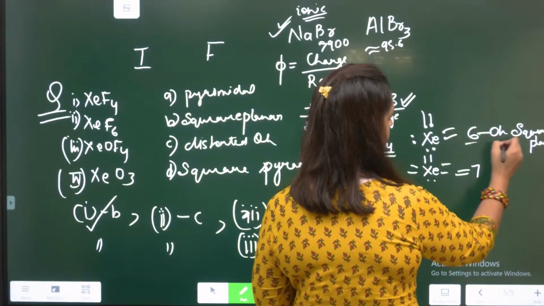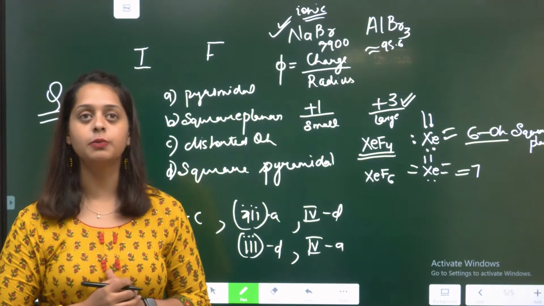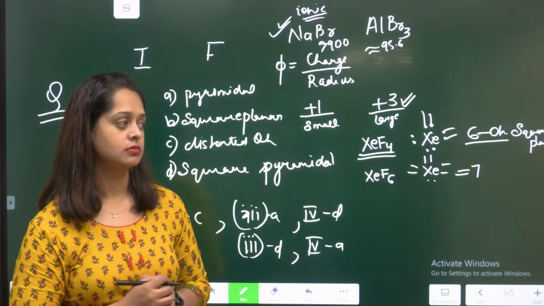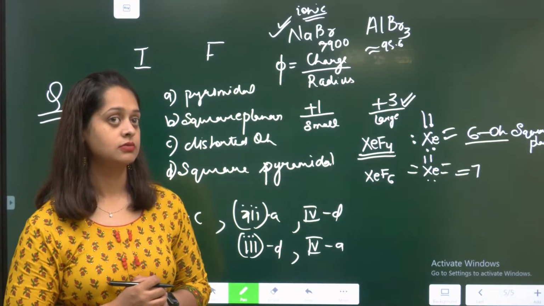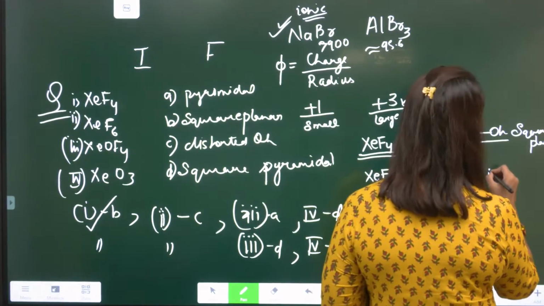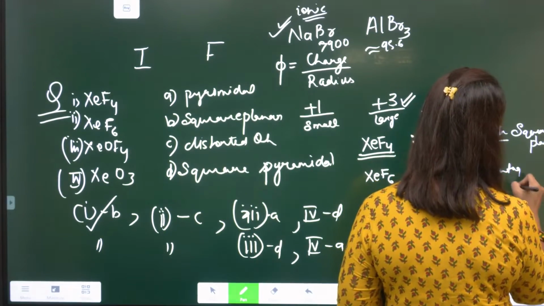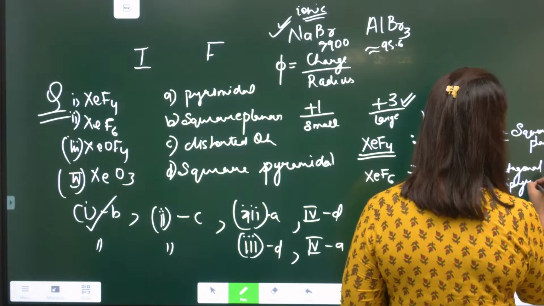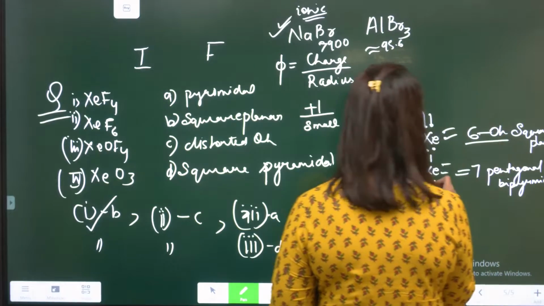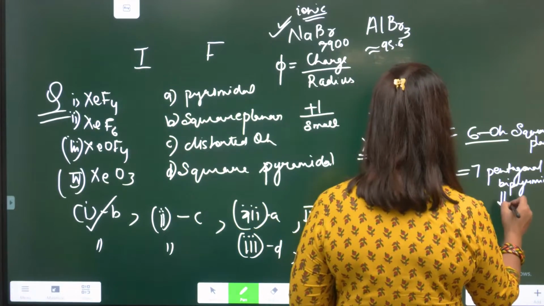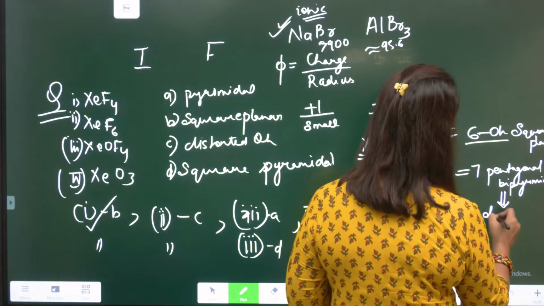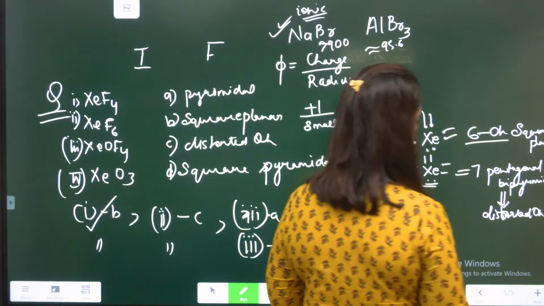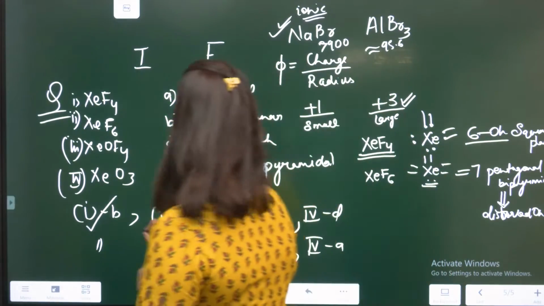We have seen it here. 7 will correspond to pentagonal bipyramidal. This will be my geometry. But there is 1 set of lone pair present. That is why it comes out to be distorted octahedral. Clear? So this option is also right.